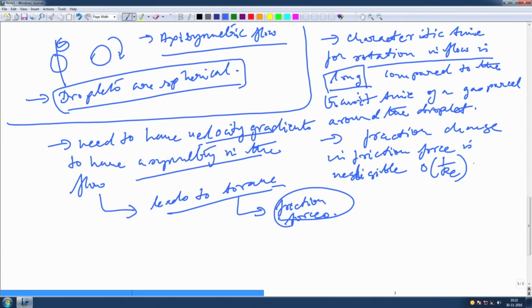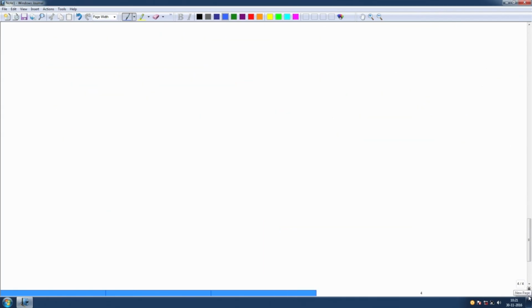So, we have to show that these two things are correct, but before we show that, let us look at the drag that is developed on the droplet, because we have talked about friction. Let us do the drag on the droplet. Okay.